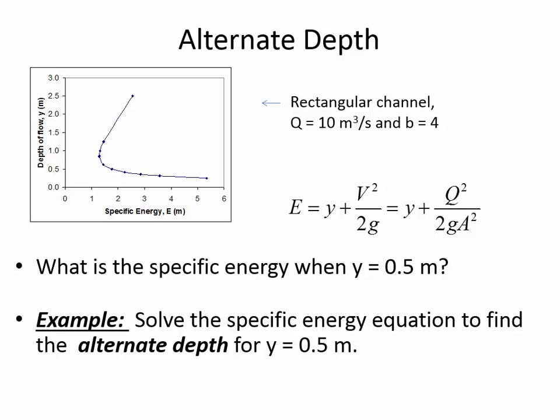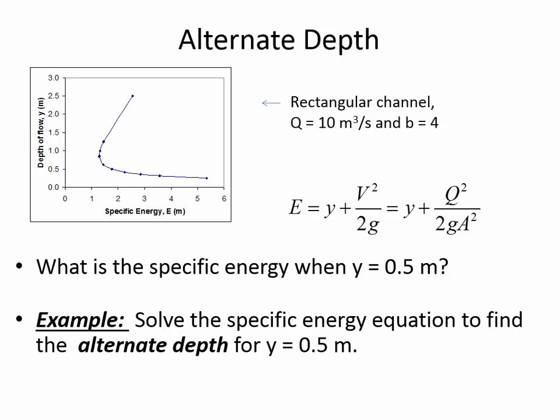So 1.774 is equal to Y, some unknown depth, plus the same flow rate, so it's still going to be 10 squared, over 2g, which remains unchanged. And then our area is still going to be 4 meters, so it's going to be 4Y squared.